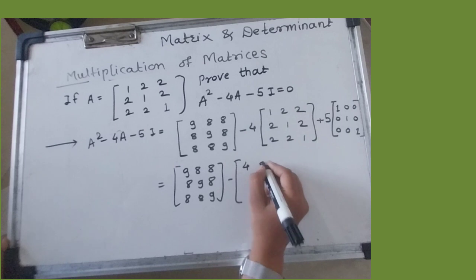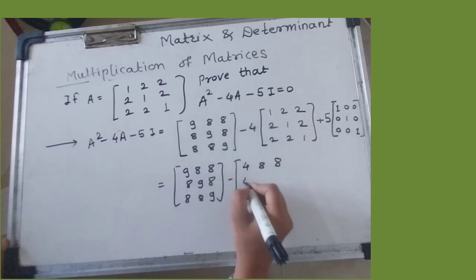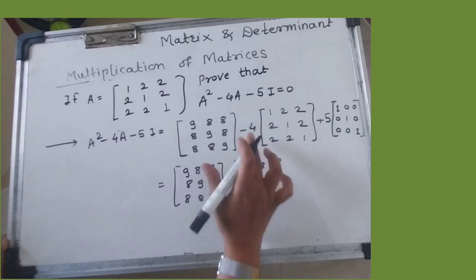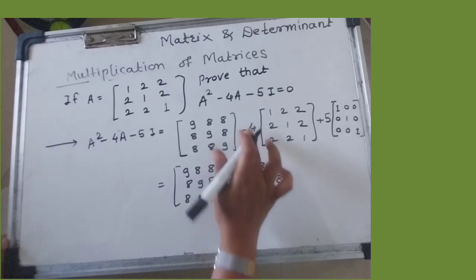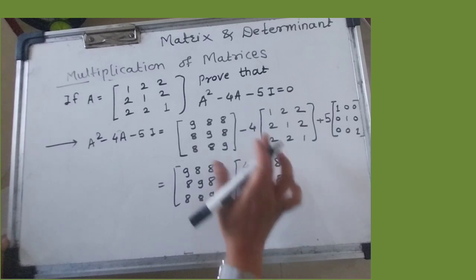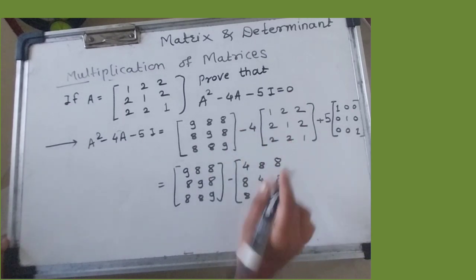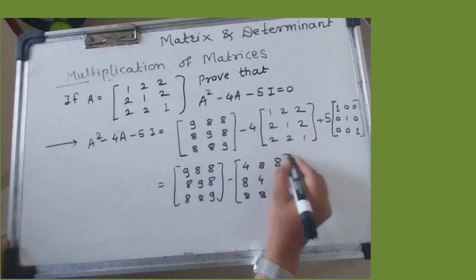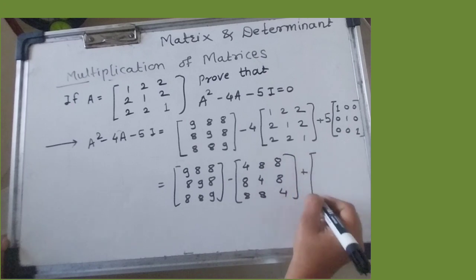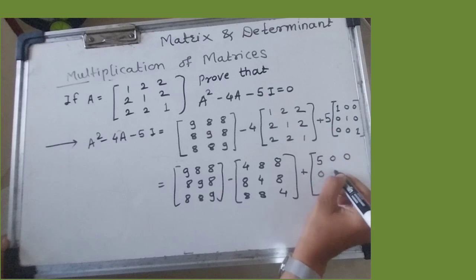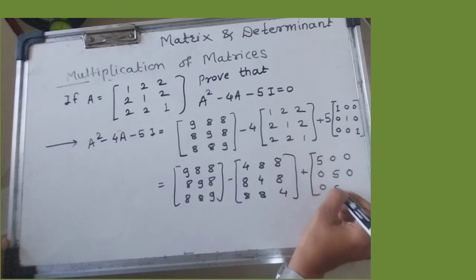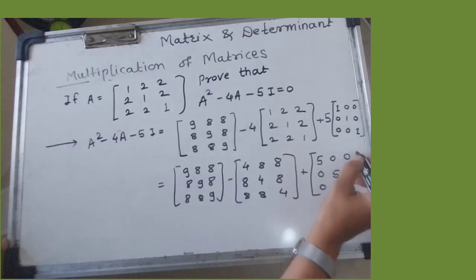Here 8, 8. Here 4, 4. Sorry, here 8, 4, 8. Here 4, 8, 8, 4. Now, here also scalar multiplication 5, 0, 0, 0, 5, 0, 0, 0, 5.